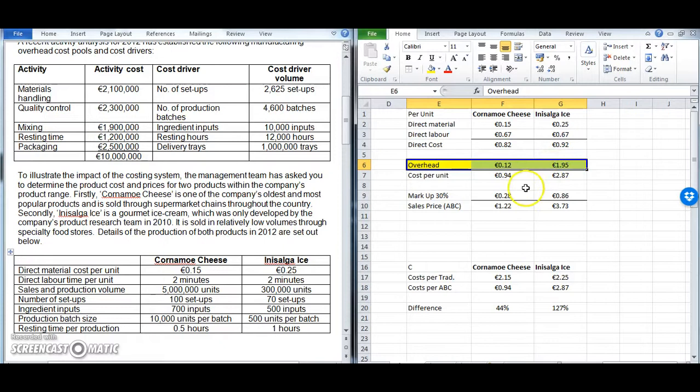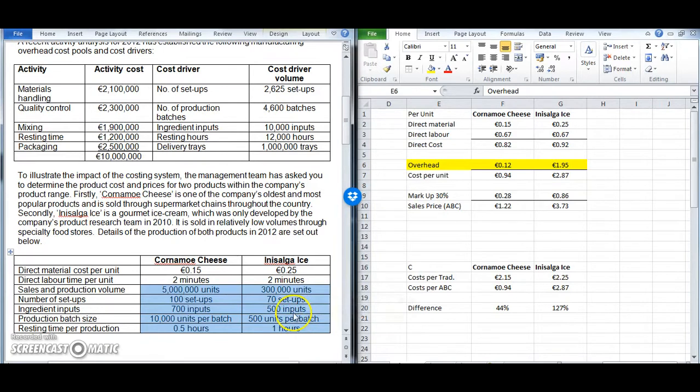And then they will link it to the cost pools that are identified and the relative consumption of activities that drive costs. They're not comparable in terms of allocating the same to Carnmore cheese as Inisallig ice. For example, even though Carnmore cheese does 5 million units, it only does 100 setups, whereas Inisallig ice only does 300,000 units, but it does 70 setups, so nearly as many as the cheese product, despite being a fraction of the units.